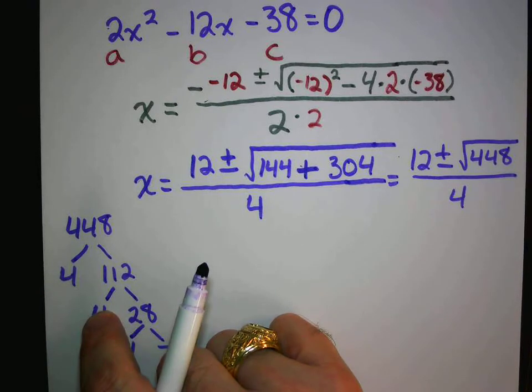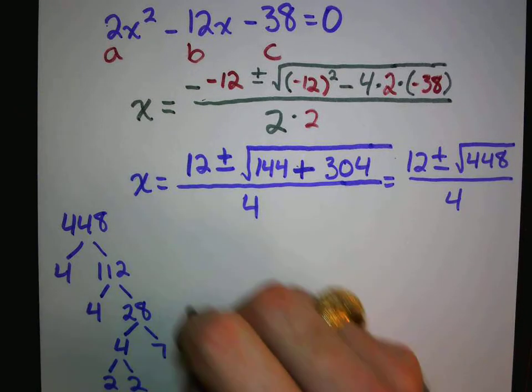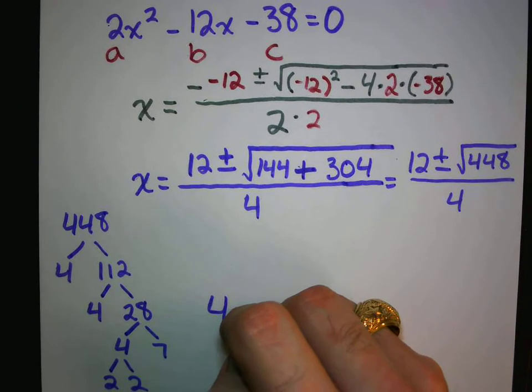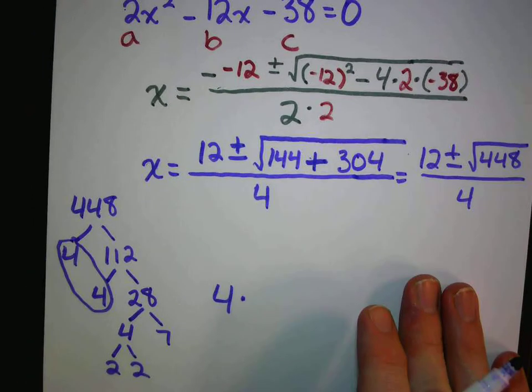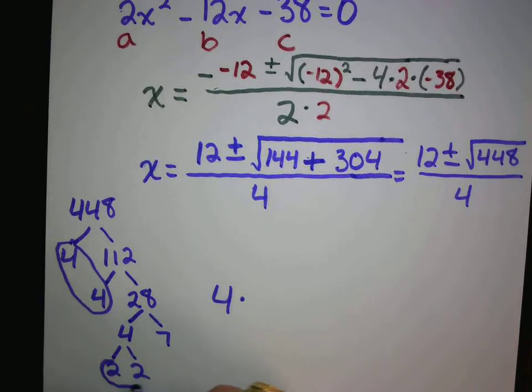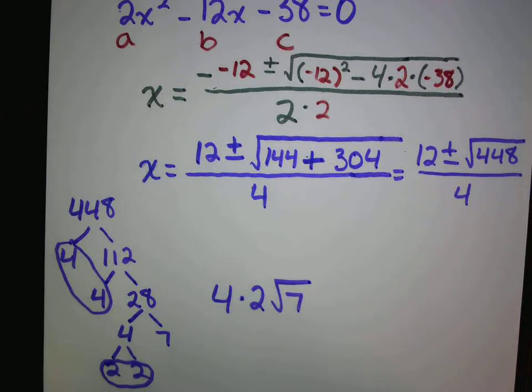Now, I could factor these 4s further down, but since I have a pair, I don't have to. So I get a 4 outside the square root because of this pair of 4s here. I get a 2 outside the square root because of the pair of 2s there. And I get a 7 inside the square root. And 4 times 2 is 8.